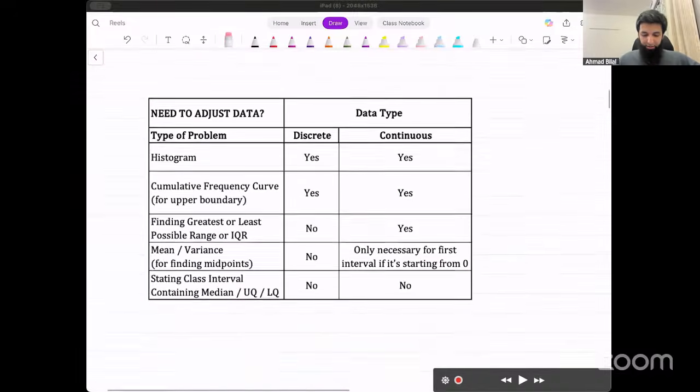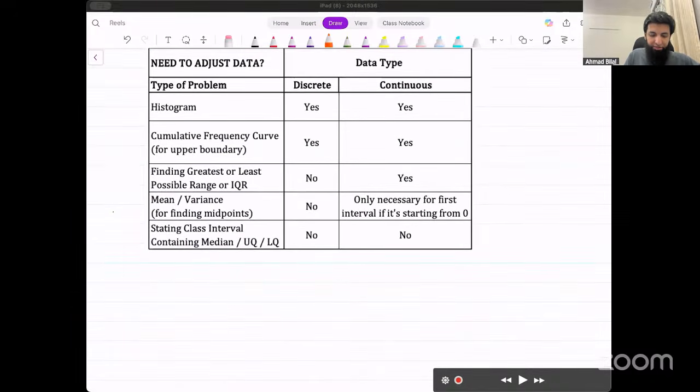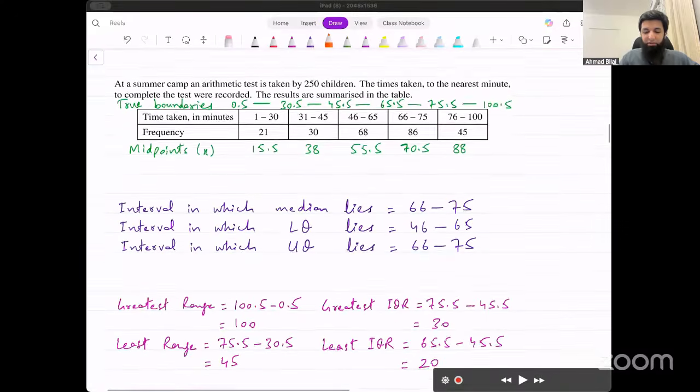Then another situation is when they ask you to find mean or variance for data sets like that. Generally, you do not need to adjust in this case. Whether the data is discrete or continuous, you can find the midpoints directly, because even if you adjust, you end up getting the same midpoint.